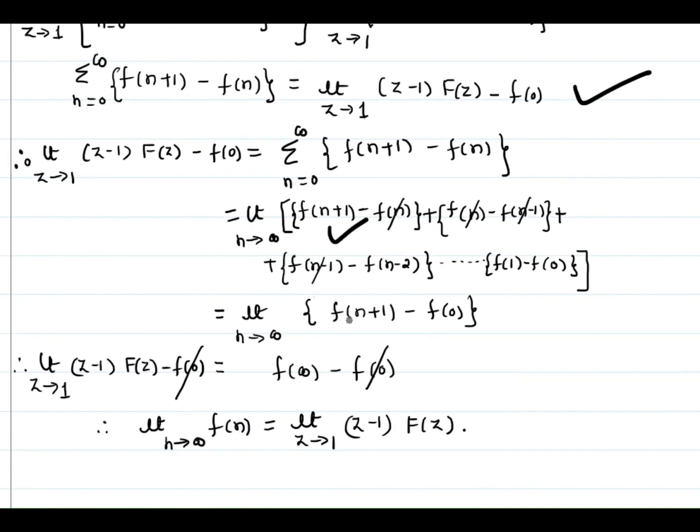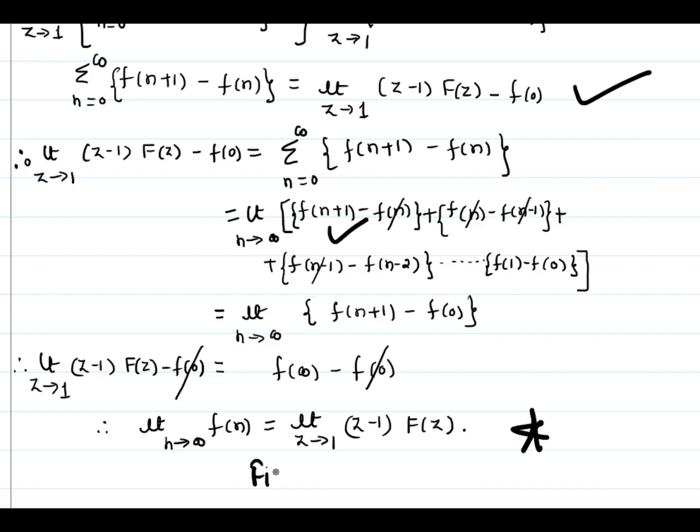And since n tends to infinity, substituting here we have f(infinity) minus f(0), and this f(0) is cancelling. So ultimately we have the function f(n) at n tends to infinity, which is equal to limit z tends to 1 of (z minus 1) into F(z). This is our final value theorem.